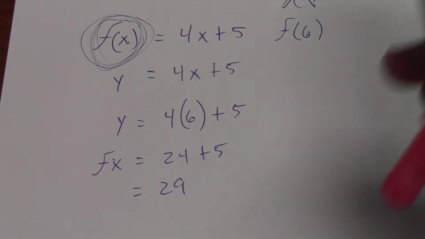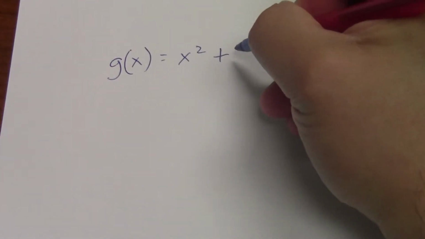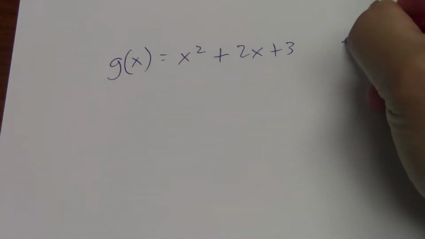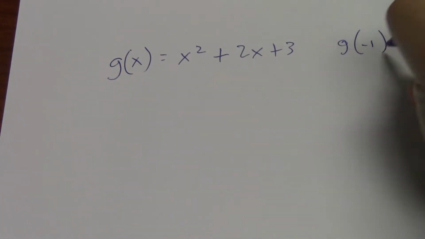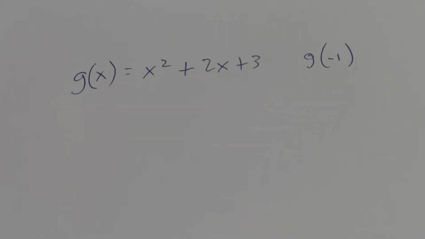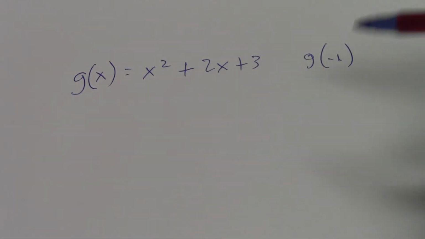All right, let's try another one. G of x equal to x squared plus 2x plus 3. All right, and then g is a -1. All right, so once again, all we do is just put -1 in everywhere we see an x. That's it.